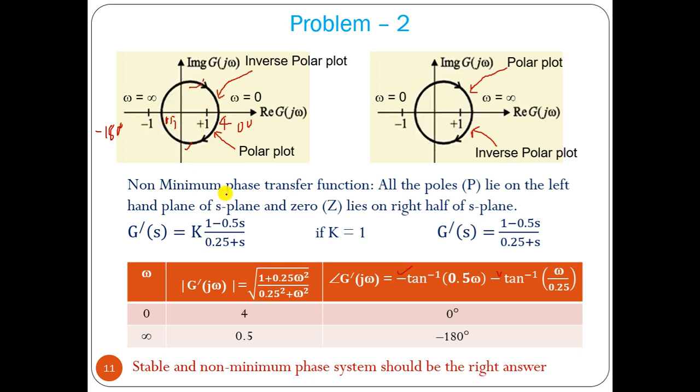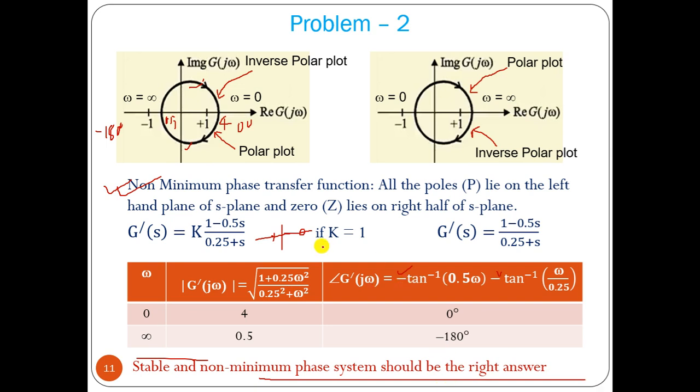So what we are observing here is the example of a non-minimum phase transfer function, where P equal to Z, 1 pole and 1 0. So 1 pole at left hand side, another 0 at right half plane. So this system is a stable system, and non-minimum phase system should be the right answer.